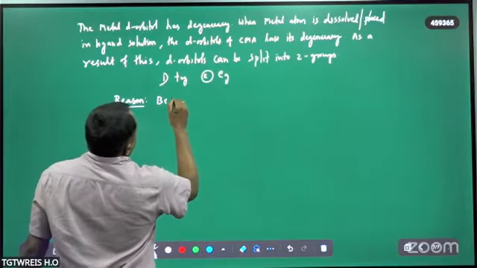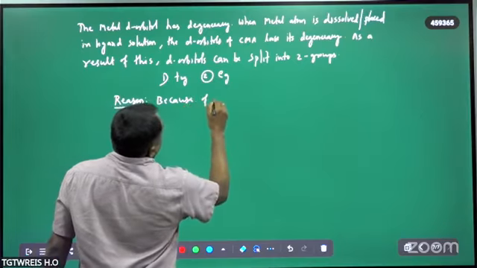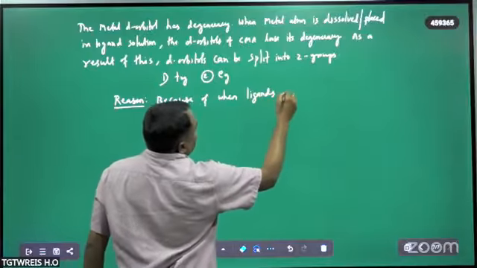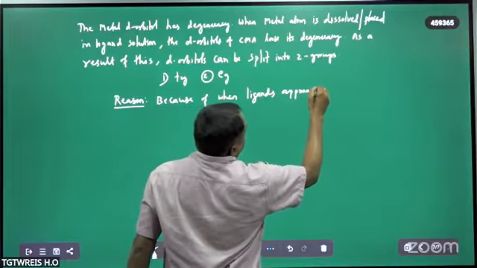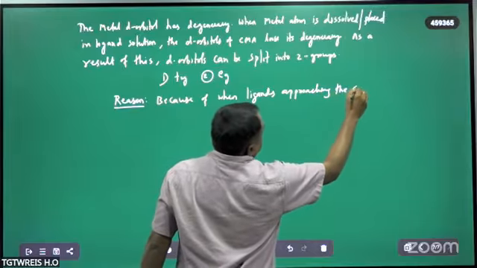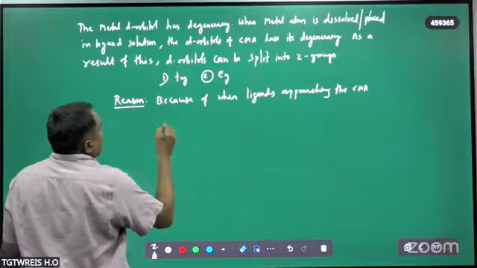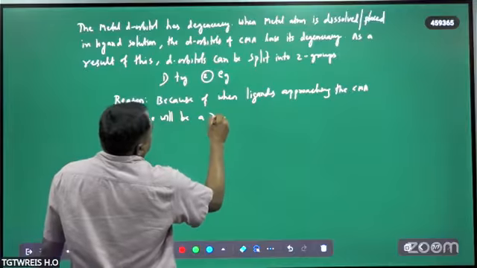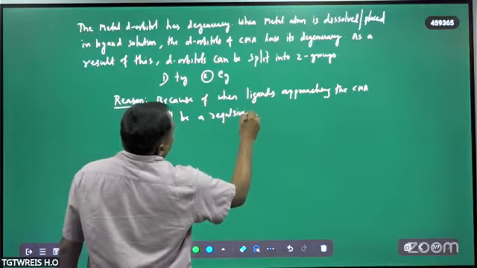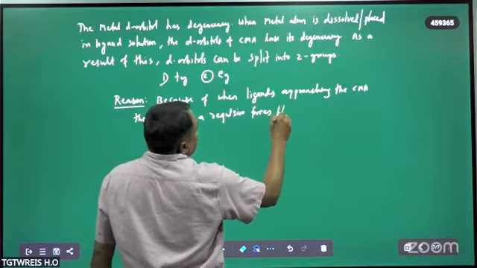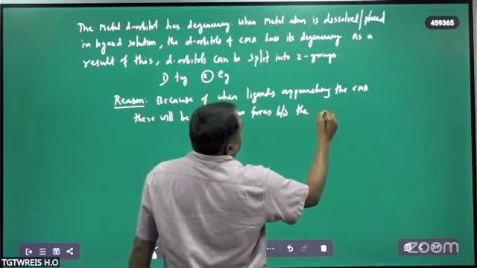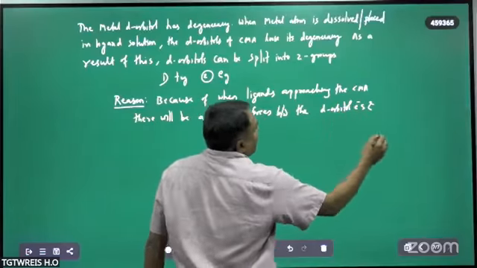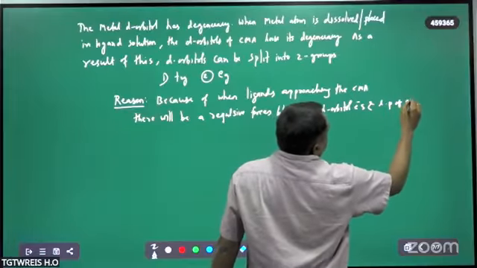Because when ligands approach the central metal atom, there will be repulsive forces between the d orbital electrons and the lone pair electrons of the ligands.